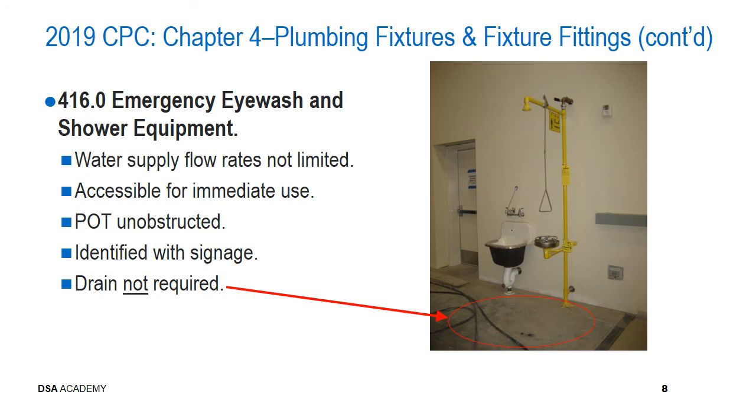Those chemicals can be very hazardous and very dangerous and destructive to the sanitary sewer system, either at the building or further down range at the septic treatment system. So if you saw a drain at an emergency shower unit, that drain system would have to comply with very specific requirements with respect to materials used and also keeping those chemicals in that drain system and venting system completely separate from the sanitary sewer system.